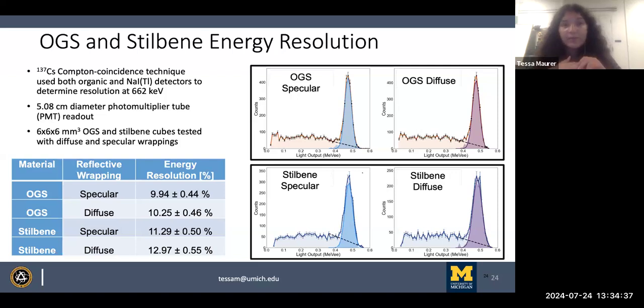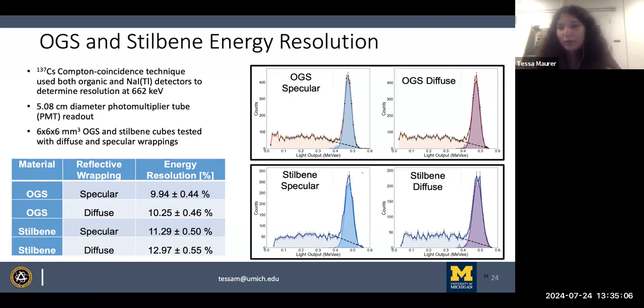So we used a Compton coincidence technique using a cesium-137 source. And we set them up 180 degrees apart. And so you can see now we found the energy resolution for 4 cases, 2 OGS cases and 2 Stilbene cases. And these were really small cubes. They were 6 millimeter edge cubes, so very tiny. There are some different reflective wrappings that we used.